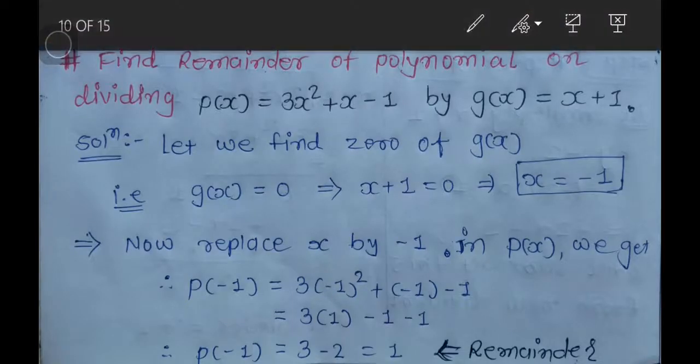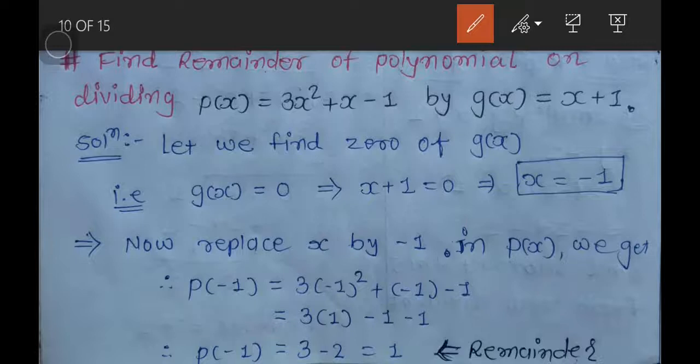Now if you want to find only the remainder, we don't want to go through this long process, so we go for another method. If we want to use the division algorithm, then we follow our 6 steps.